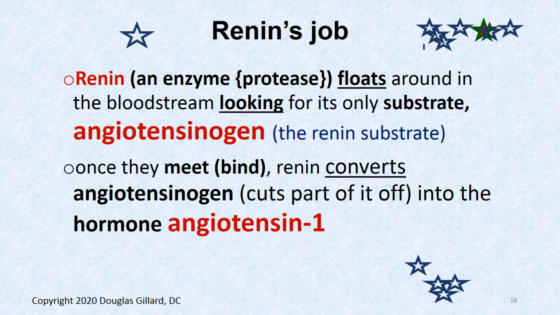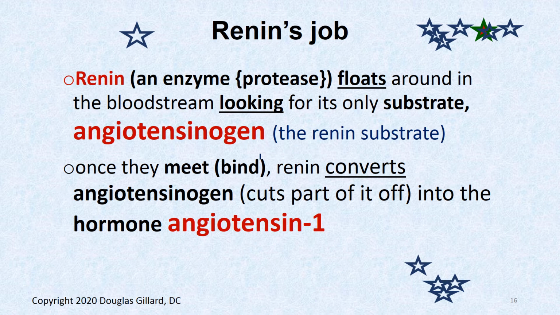What does renin do? Well, it's a protease, so it goes into the blood looking for its substrate, or its mate. It wants to bind to somebody. That's the substrate. And its substrate happens to be something called angiotensinogen, which is a proenzyme. The gen means that it's an inactive form of an enzyme. But it's looking for renin.